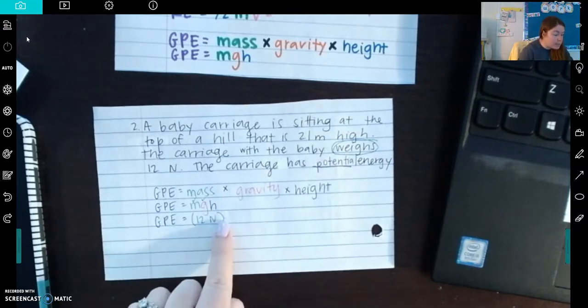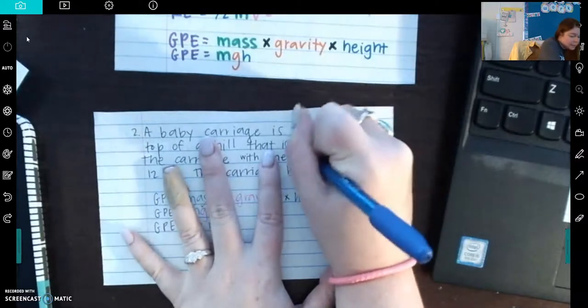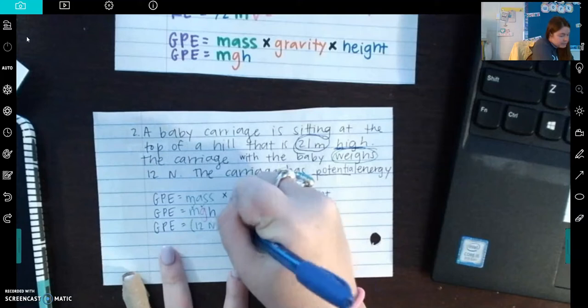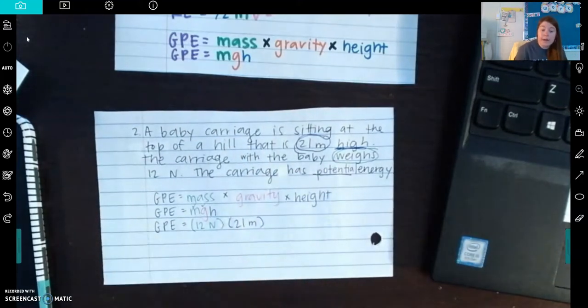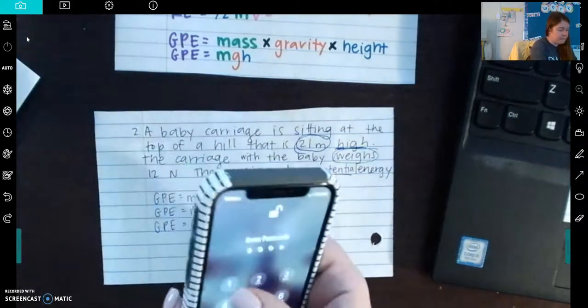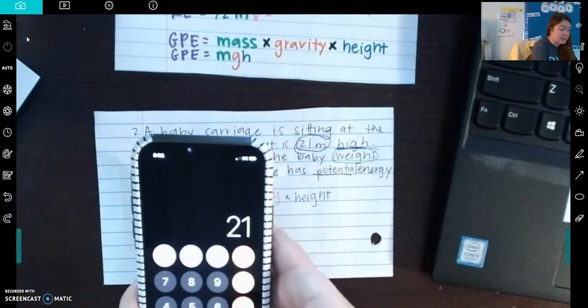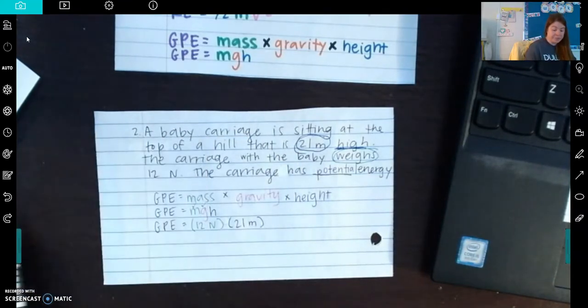So now all I'm looking for is height. I can go back up here to my 21 meters high, and I can plug this in, 21 meters. All I need to do now is multiply these two by each other. So let's do that. Here's my calculator. 12 times 21 equals 252.